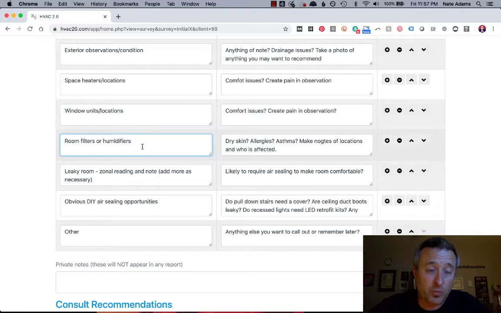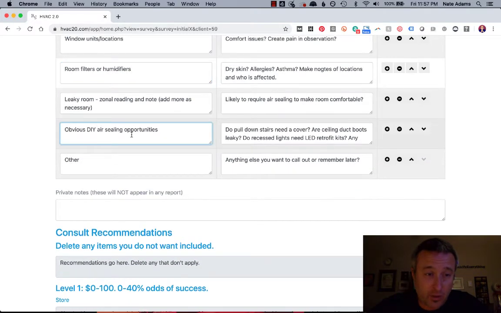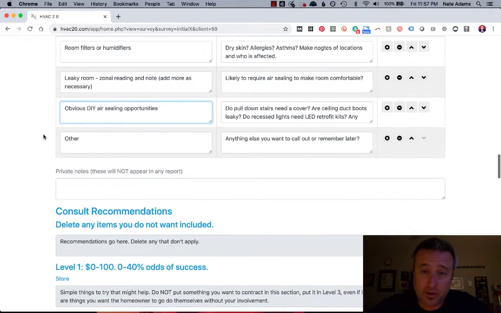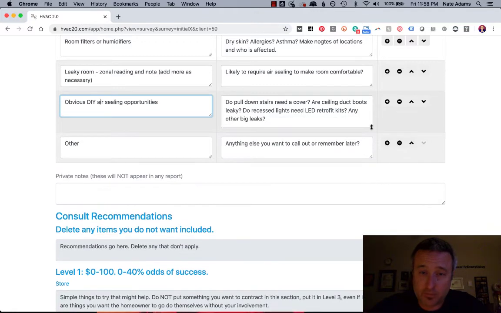If you see a room air filter or humidifier, that's a good indicator of other problems. Here's the obvious DIY air sealing opportunities, things like that, and you can see I'm putting notes in here for you for what types of things we mean there.